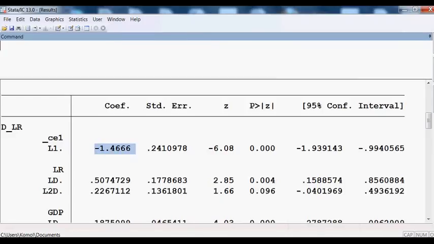Okay, what does this mean? This one is actually called the speed of adjustment, the speed of adjustment towards equilibrium, right?